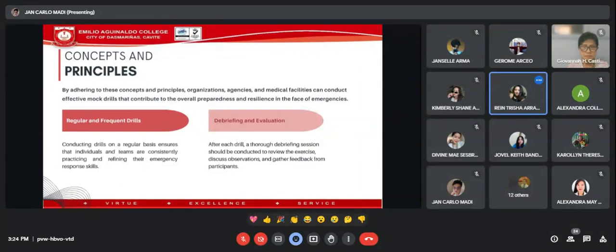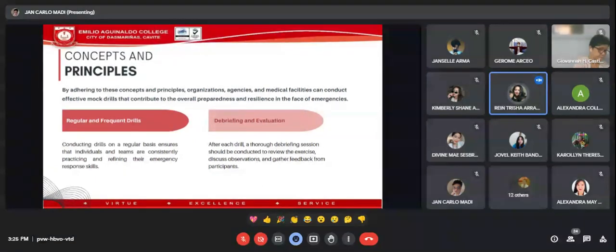And also, dito rin po nangyayari yung pagbibigay or pagpapalitan ng suggestions para po sa ikabubuti pa nung isasagawang mga drills or pag sa mismong event or sa scenario na po nangyari, hindi po kung ano-ano yung mga ginagawa ng mga participants.